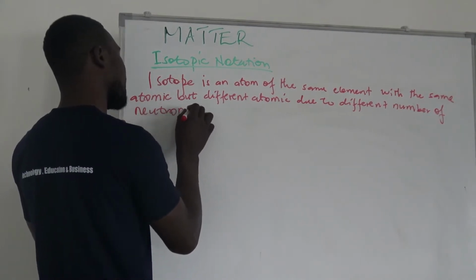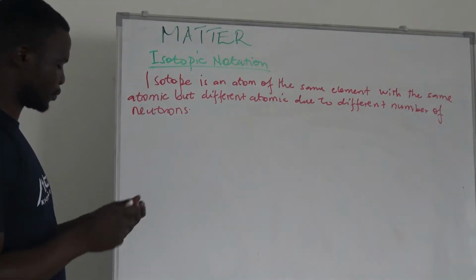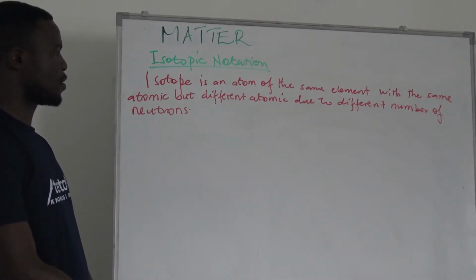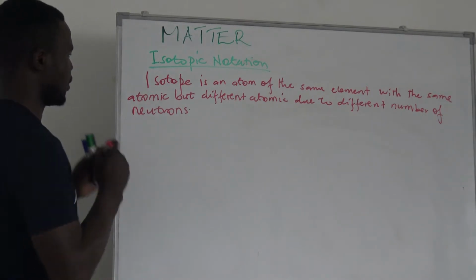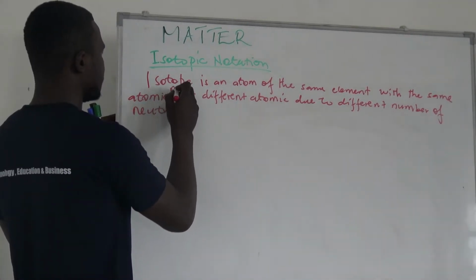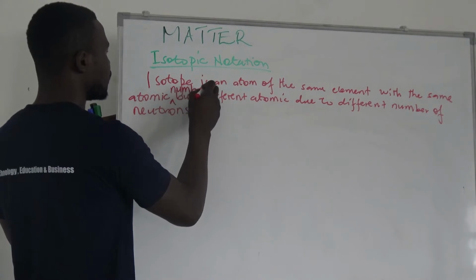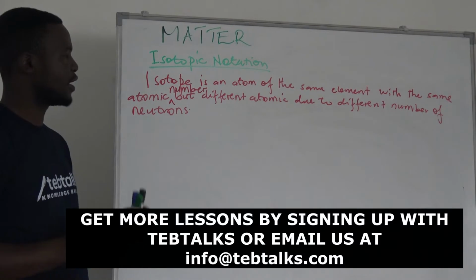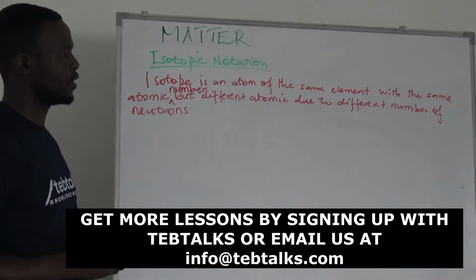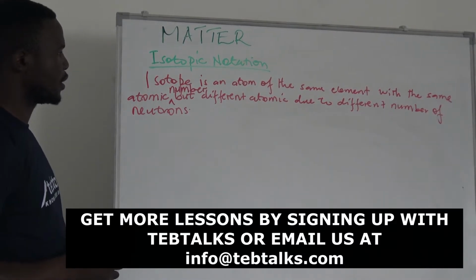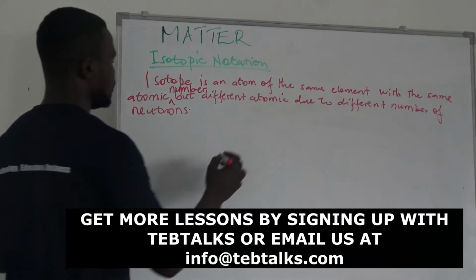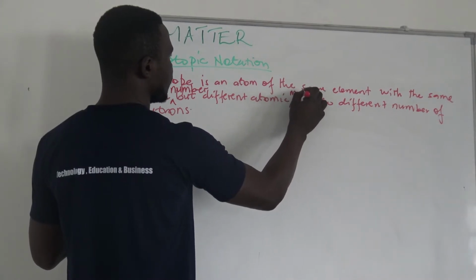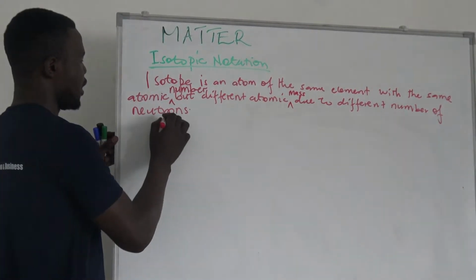We are going to find that an atom of a given element has the same atomic number but different atomic masses, simply because it has a different number of neutrons.